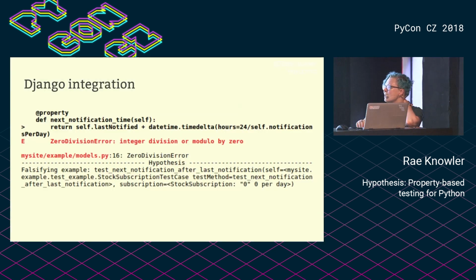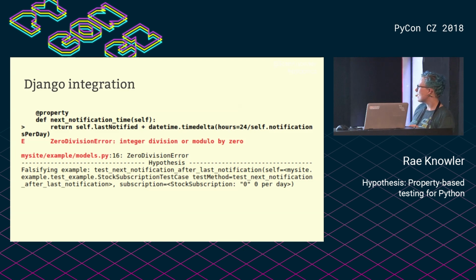So I run this, and it's really exactly the same as before. Just run PyTest. PyTest collects all of my tests and runs them. And yep, it finds quite a simple error that some of you have probably already guessed: when the number of notifications per day a customer wants is 0, we get division by 0, because we're just calculating the time delta by dividing 24 by 0.